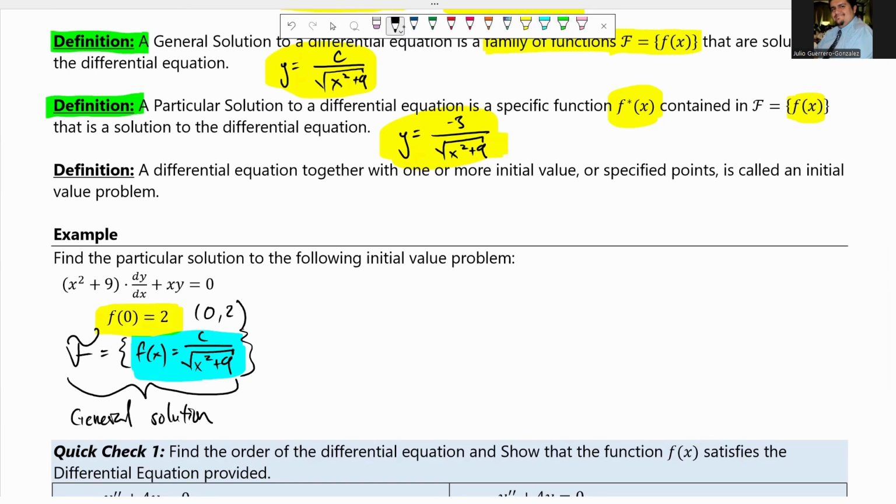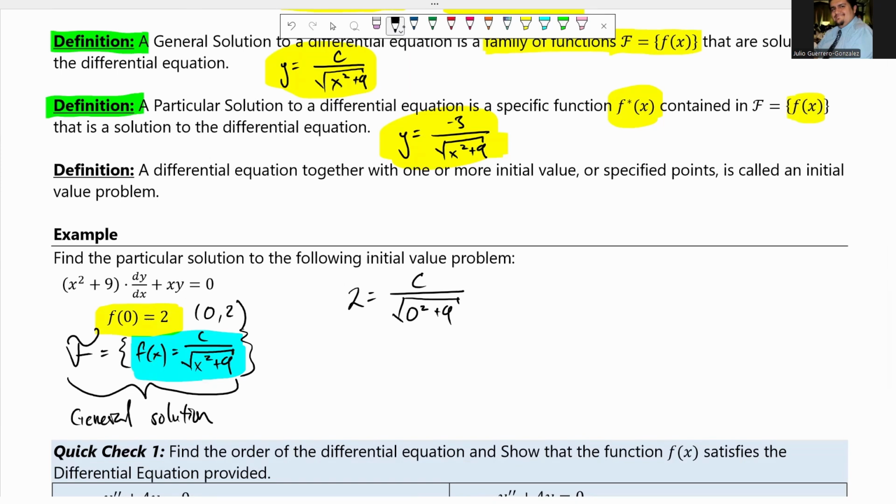So this is telling us that 2 has got to be equal to c divided by the square root of 0 squared plus 9. Hopefully you guys see that. My y value's got to be 2, my x value's got to be 0. At this point, I can just solve out my c value.